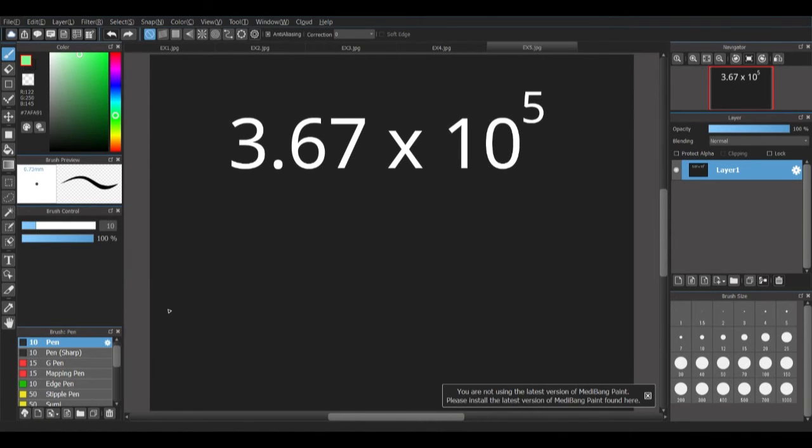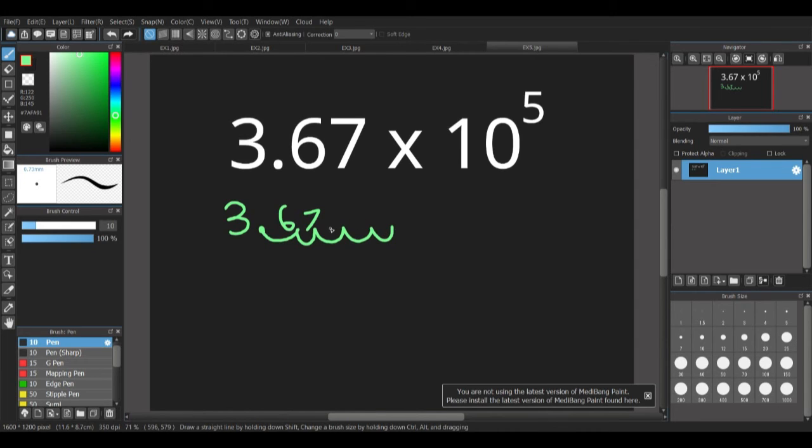The first thing I like to do when I convert from scientific notation to standard notation is rewrite the number. So we have 3.67. And then we're multiplying by 10 to the 5th. Since it's a positive exponent, we're going to move the decimal that many places to the right. So here we're going to move it 1, 2, 3, 4, 5.